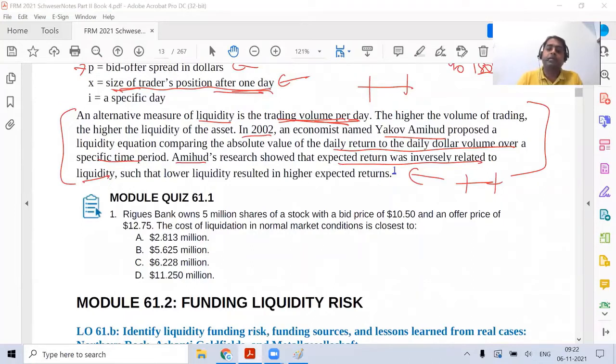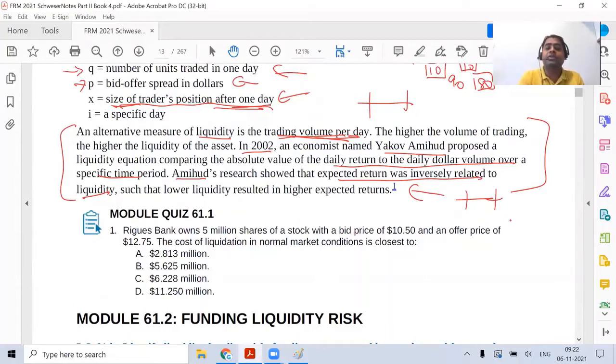The last line, I'm repeating the last line. One of the researchers has been explaining that as per their research, there is an inverse relationship between your expected return and liquidity. When you enter into an asset, you expect a return, right? If the liquidity is very low, the returns will shoot.